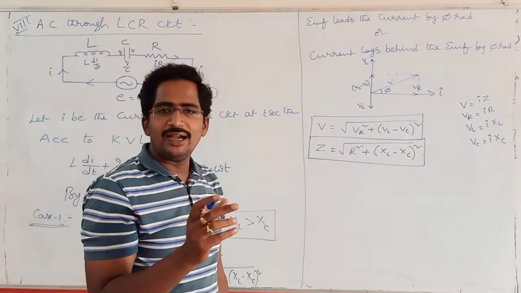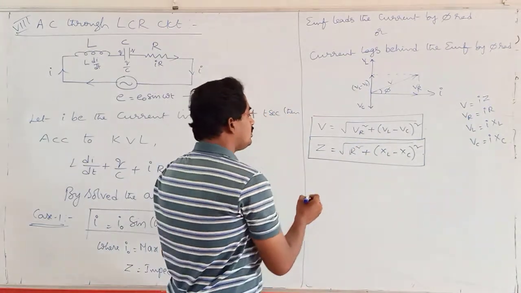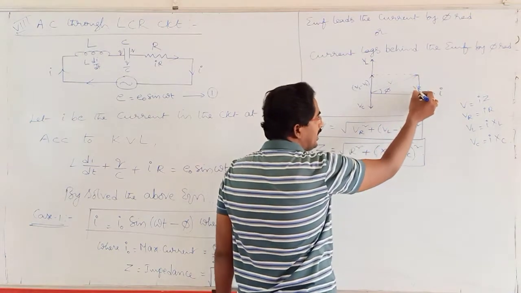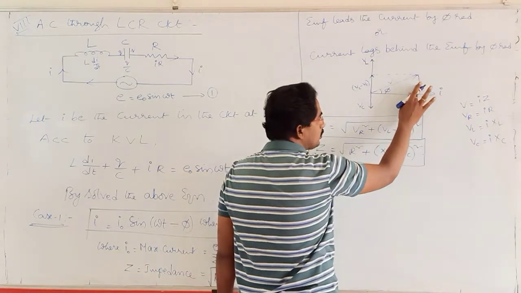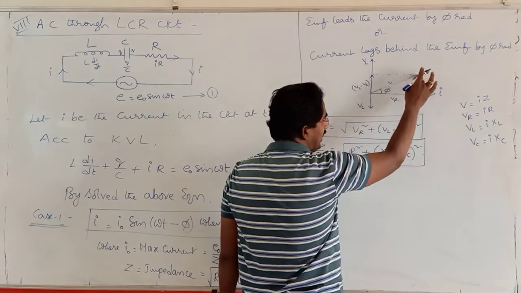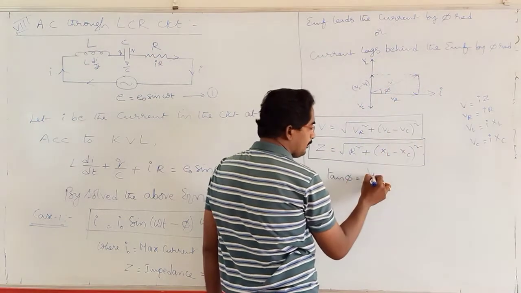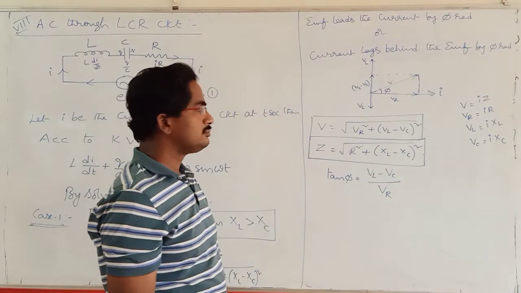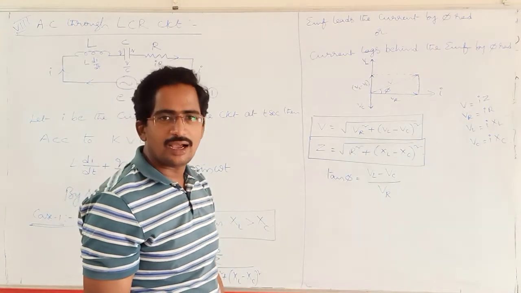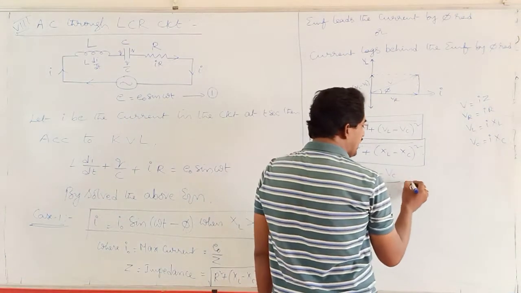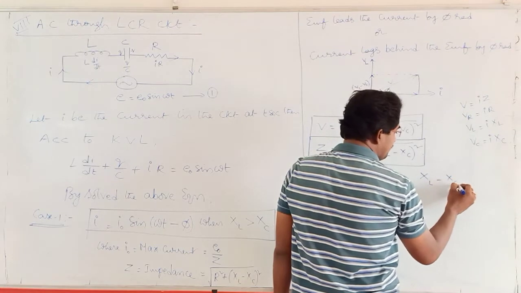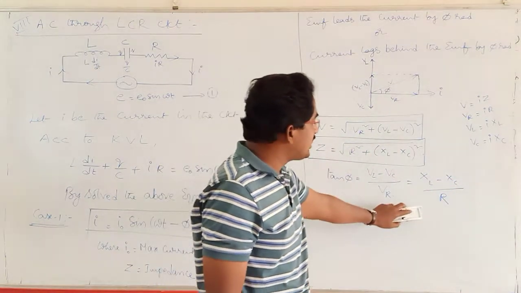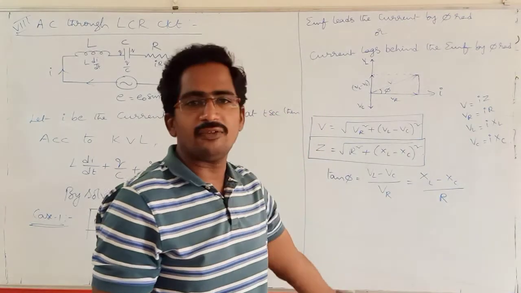Then how do we write the tan phi value? Tan phi equals opposite by adjacent. Opposite is VL minus VC, so (VL minus VC) by VR. What about this value? (XL minus XC) by R. That is the tan phi value.